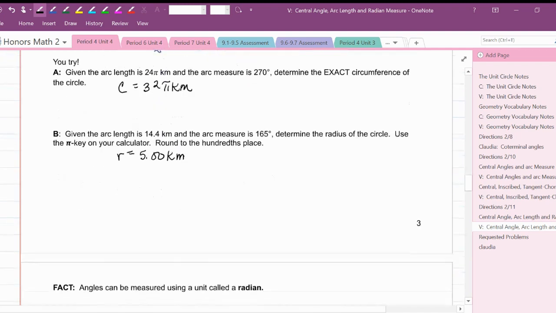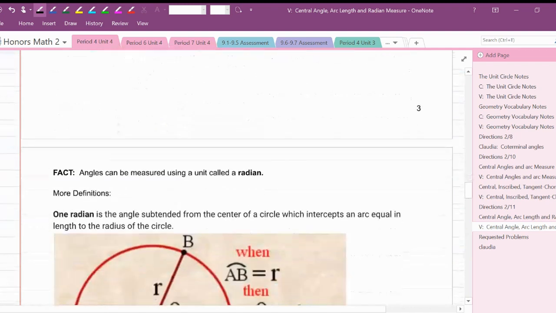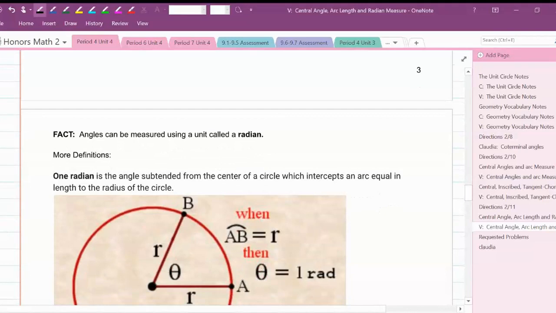Okay, the next big idea in today's lesson is, so what we did is we transitioned from measuring our arcs using degrees to measuring them using inches, feet, meters, a linear measurement. So think of cutting it out of the circle and pulling it straight and measuring it against a ruler. We're going to now kind of do the similar thing.